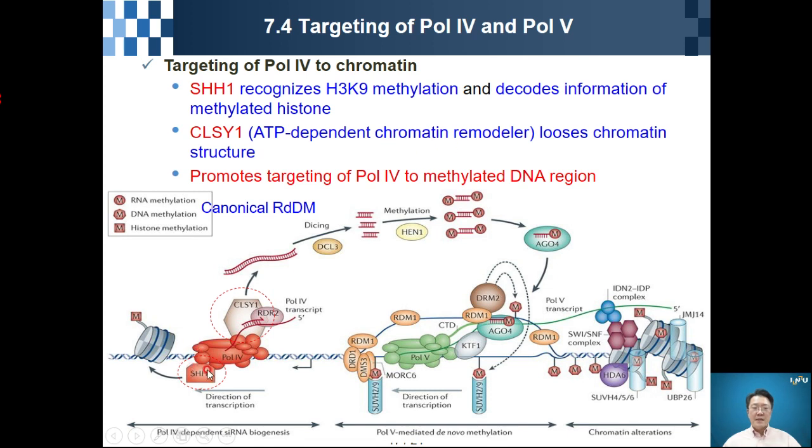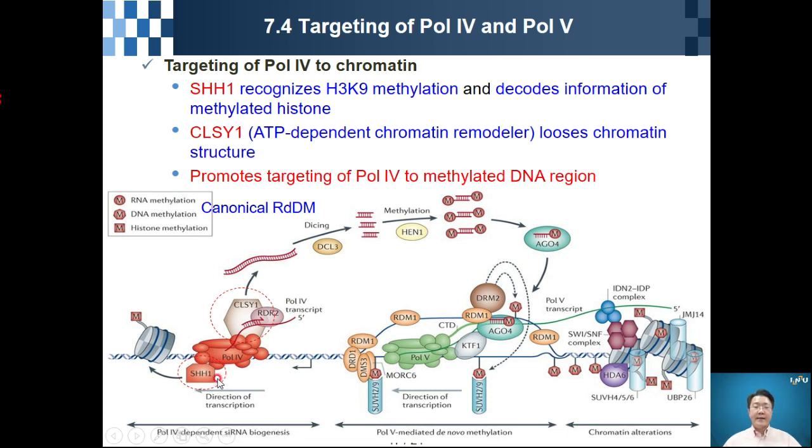So maybe SHH1 decodes the information and directs CLSY1 to function. CLSY1 loosens the chromatin structure. After that, this region is loosened, and it will promote targeting of polymerase 4 to the DNA region. So polymerase 4 can bind to the methylated region.